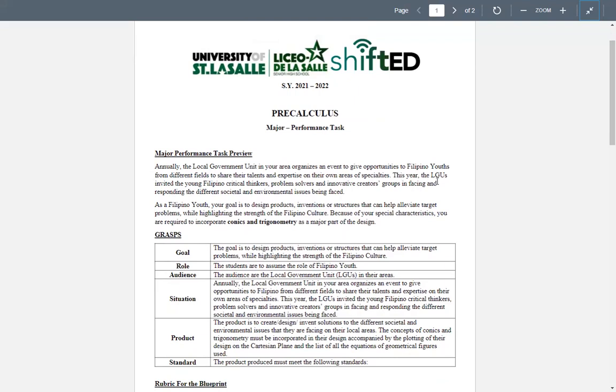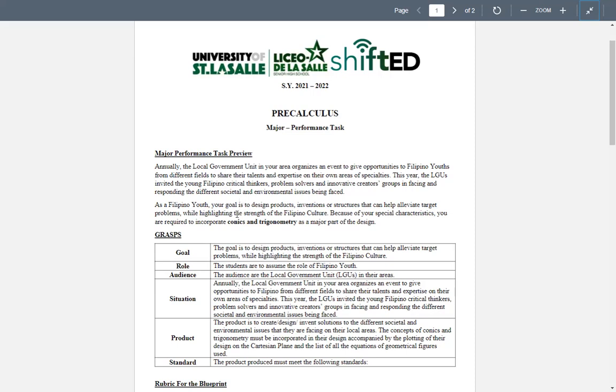This year, the LGUs invited the young Filipino critical thinkers, problem solvers, and innovative creators groups in facing and responding to the different societal and environmental issues being faced.